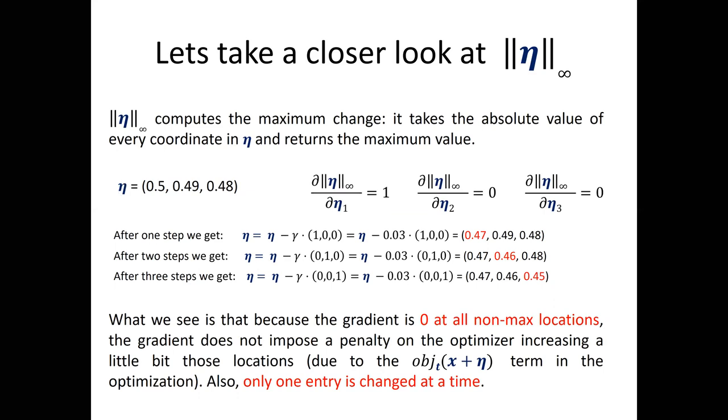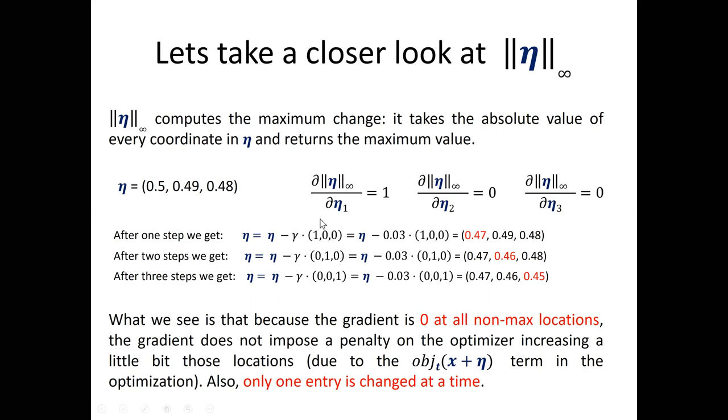Now let's try to minimize this L infinity norm of eta. That's what we're going to try to do. So how would that look? The first thing that we need to do is take the gradient of the function at this point eta, with respect to each of the dimensions, eta 1, eta 2, eta 3, and in this case it's just 3 dimensions.